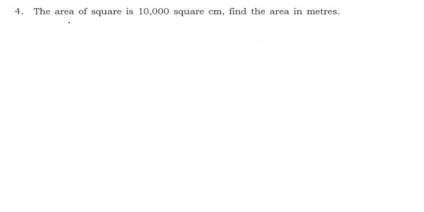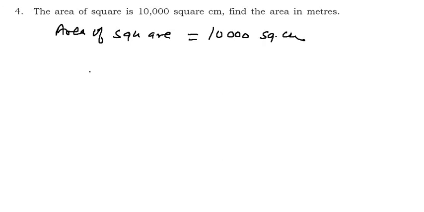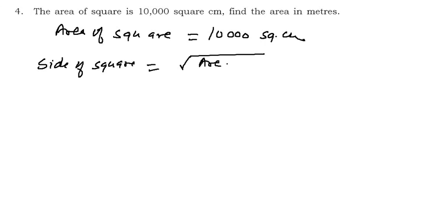Now come to the fourth. Area of square is given as 10,000 square centimeter. Now side of square is the square root of area of square.